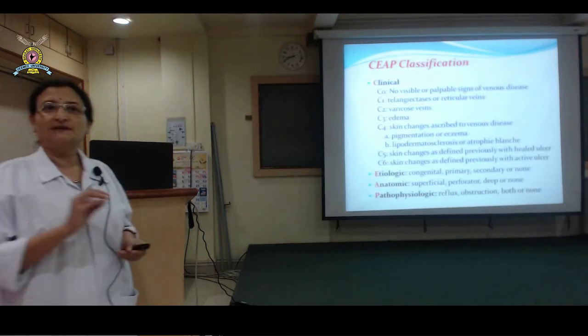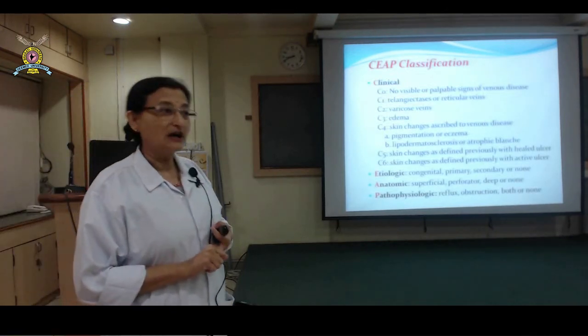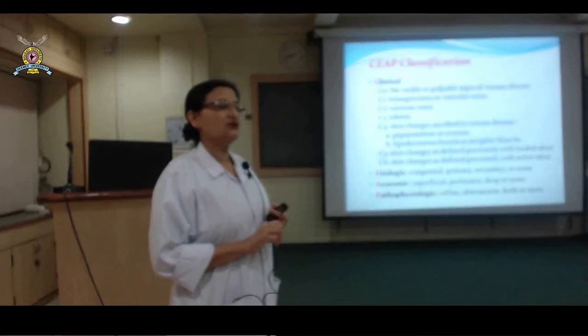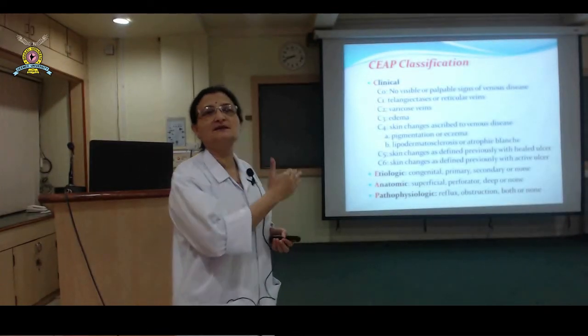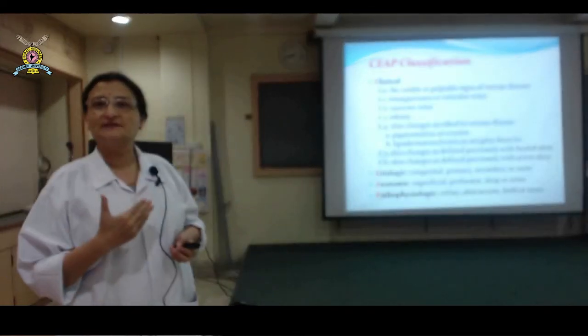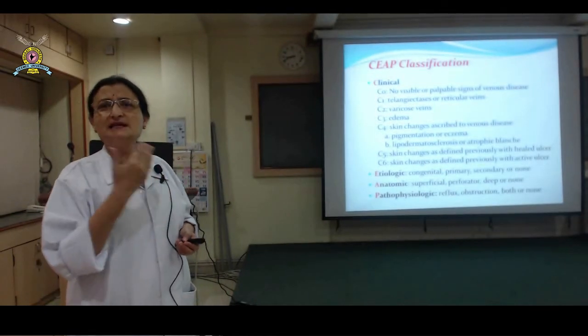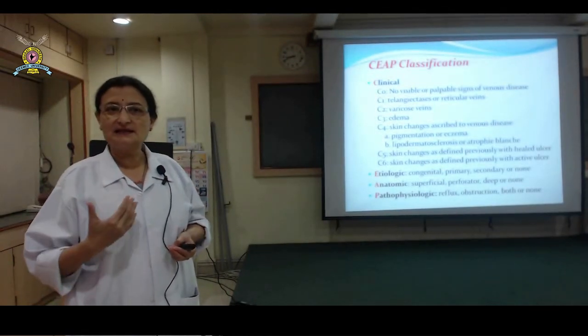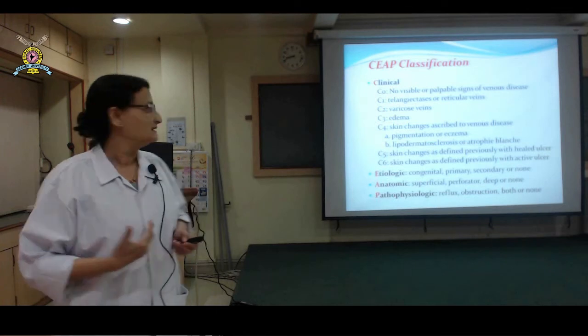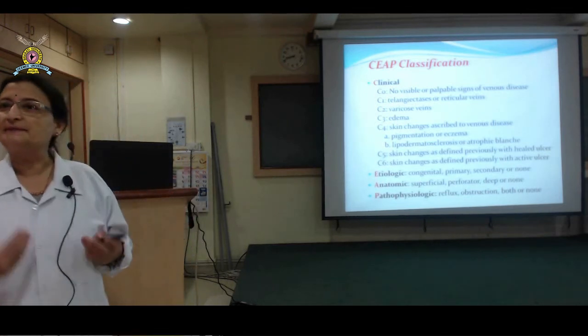This is just a theoretical slide again. Nowadays, vascular surgeons or even general surgeons talk in terms of this when we classify varicose veins: CEAP. C is clinical, E is etiological, A is anatomic and P is pathophysiological.